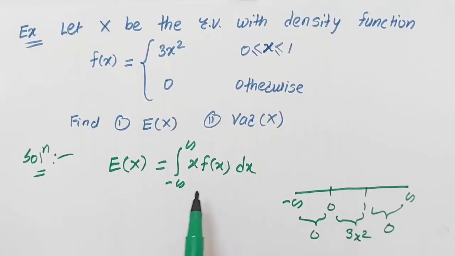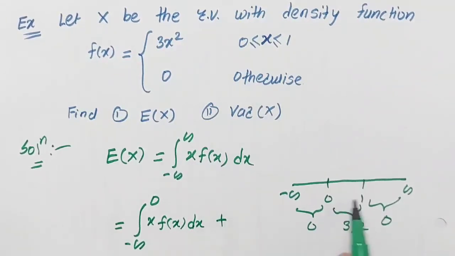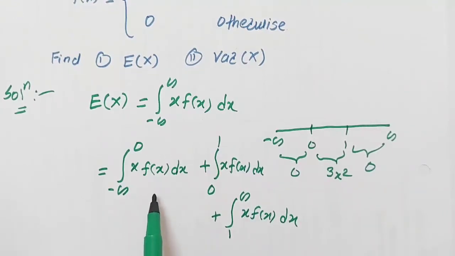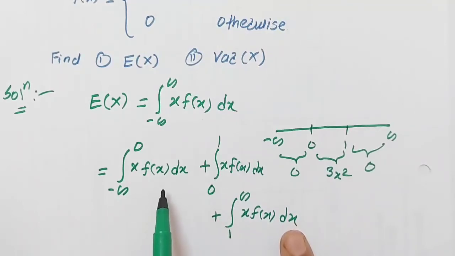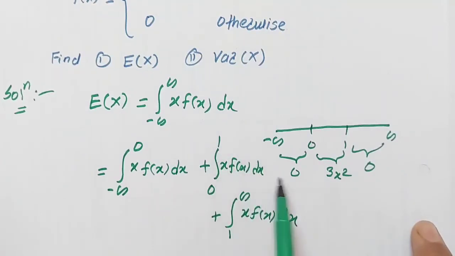In the next step, if we break this integral, it is minus infinity to 0 of x f of x dx, plus 0 to 1 of x f of x dx, plus 1 to infinity of x f of x dx. In the first and last terms the value of the function is 0, so the whole integral is 0 there. So no need to write them; we just have to put the value of the function in the middle term.